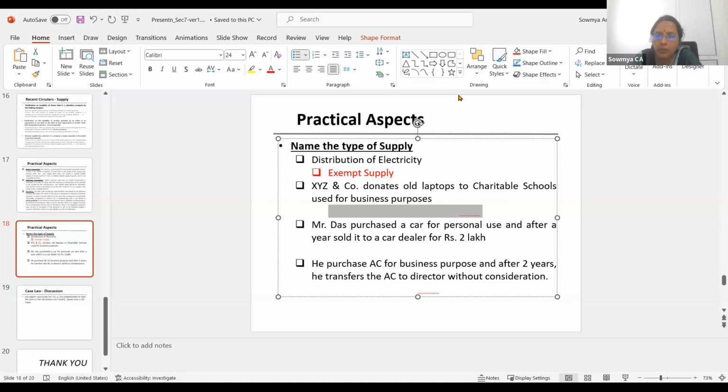To supplement Renuka ma'am's query, I'll tell you practically what is happening now after the changes in income tax, because of the recent Supreme Court judgment. A charitable trust cannot give advertising services. So when organizing any program, for souvenirs they earlier used to take and publish advertisements.